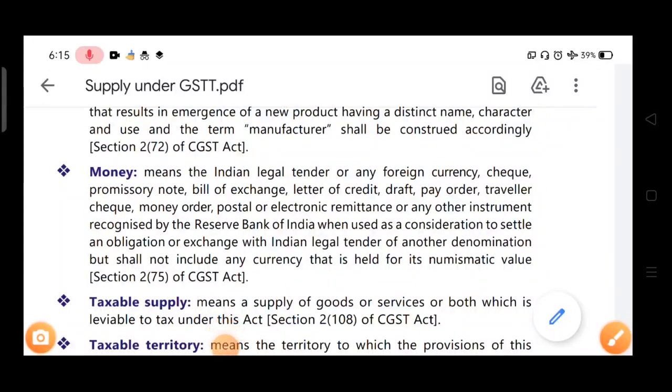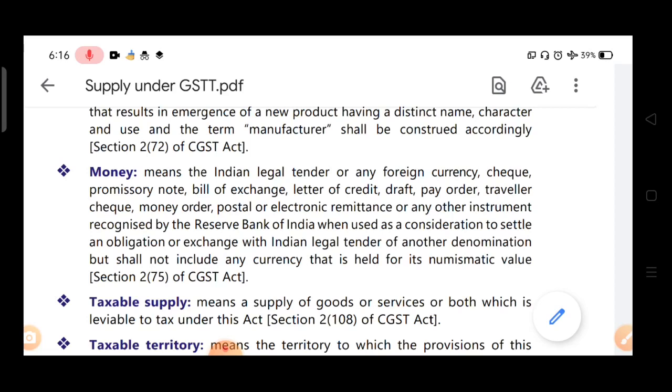In this they are talking about antique coins or currencies. Numismatic value means the value that can be fetched from the sale of those antique coins or currencies. It depends on how old the coin or currency is.